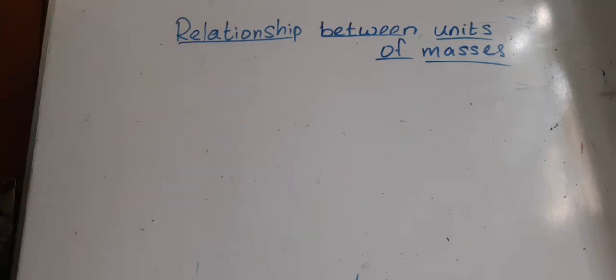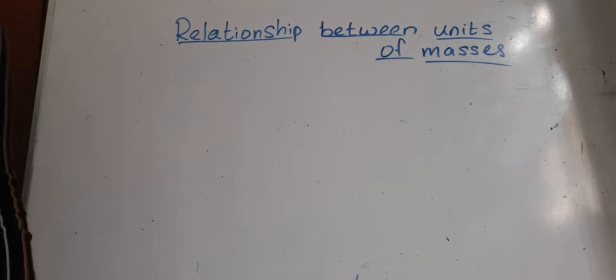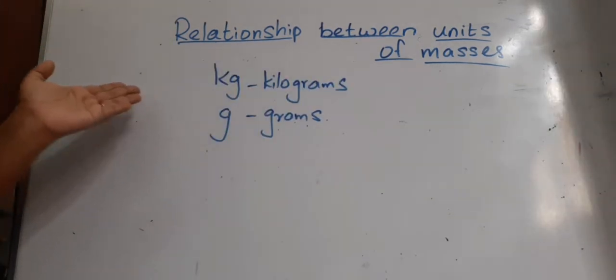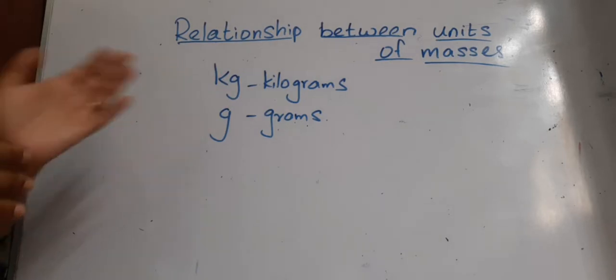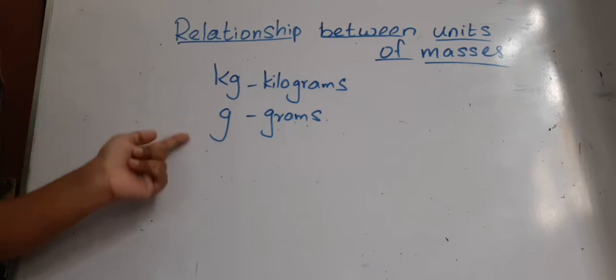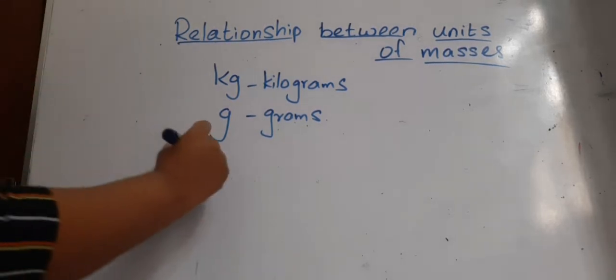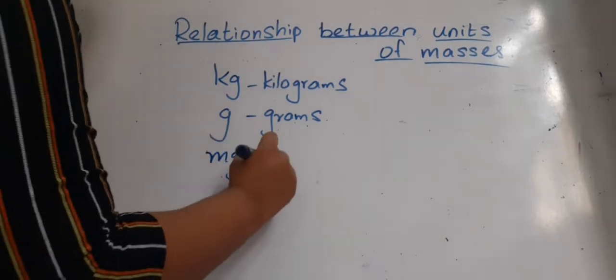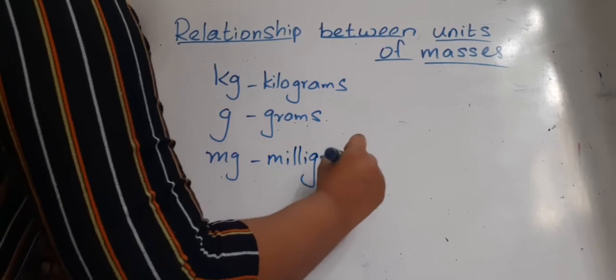This is your second topic, which is the relationship between units of mass. In grade 5 you might already have learned about the units we use to weigh mass: kilograms and grams, as well as milligrams.